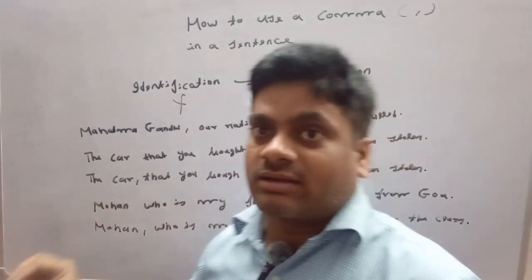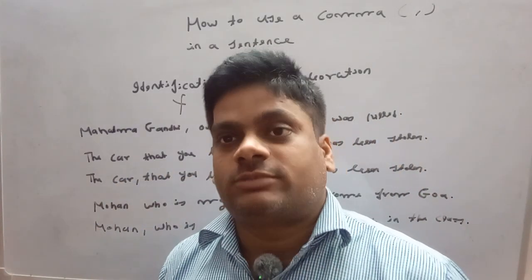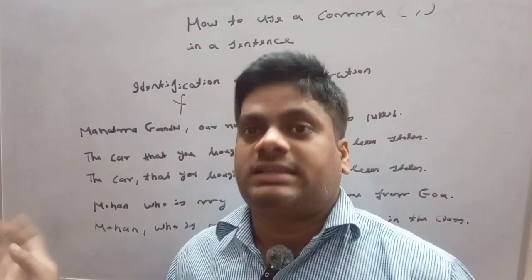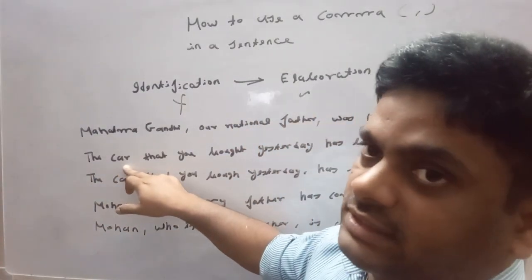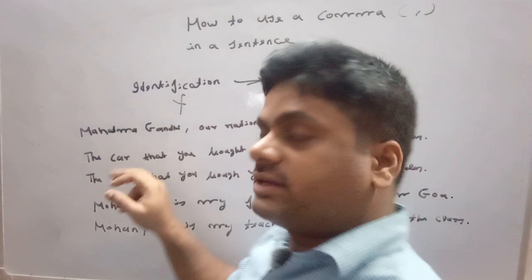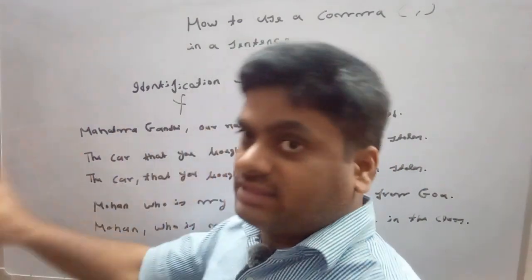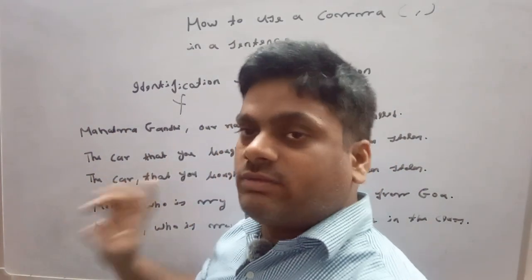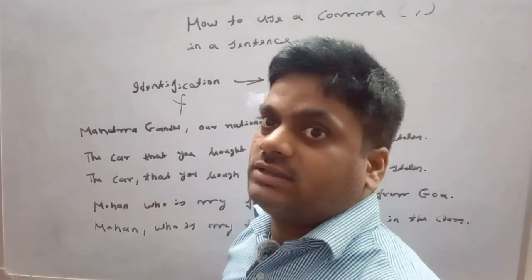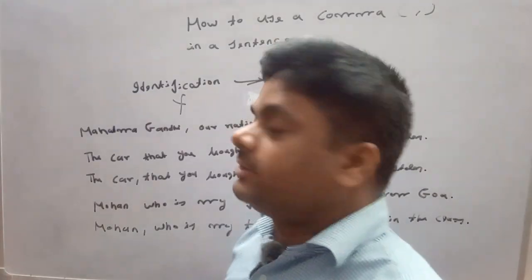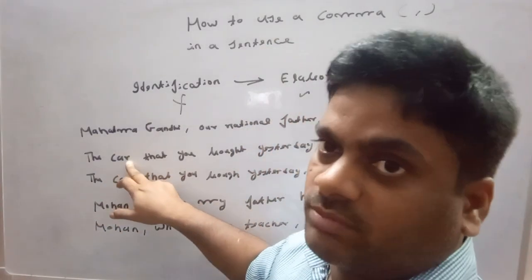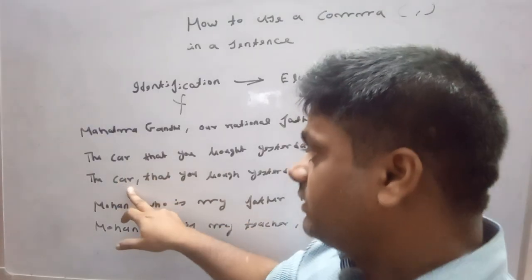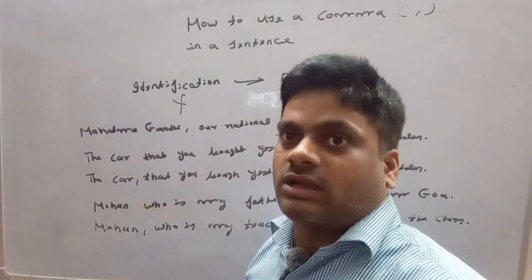And that car which has been stolen was bought by us yesterday. So in the second sentence we are going to identify the noun. It means the new car which has been bought by us has been stolen. So here we have made identification of the car, but in the third sentence we have made elaboration of the car.